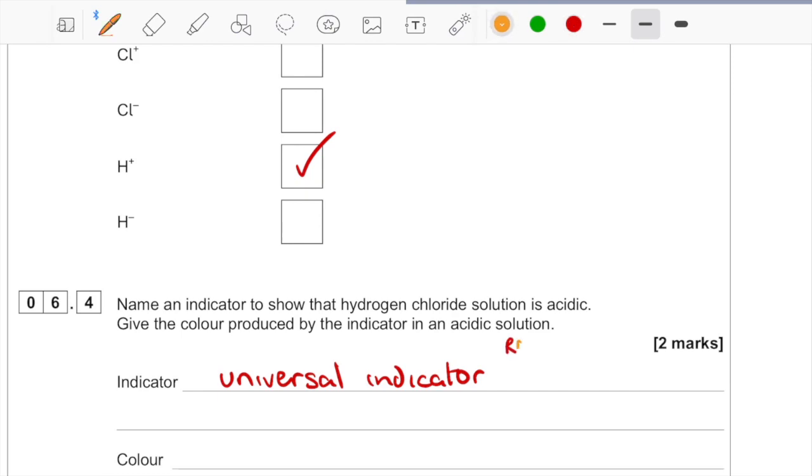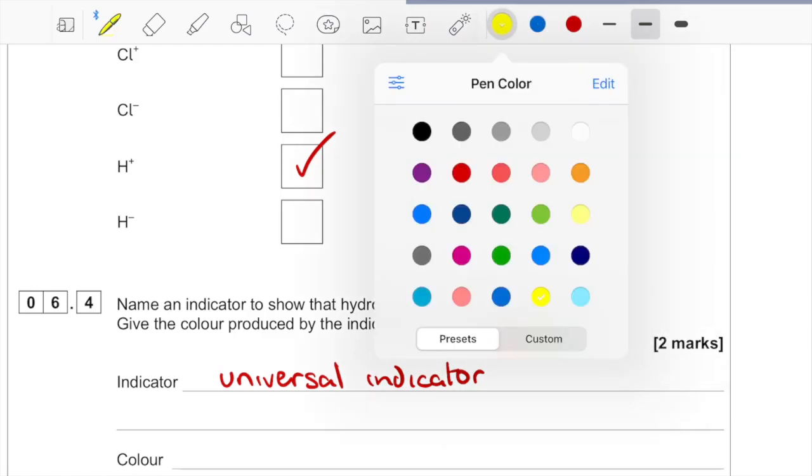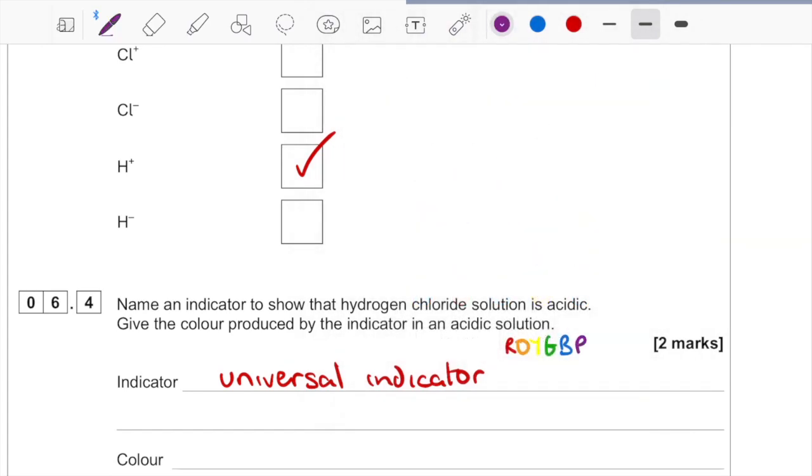Red, orange, yellow, green, blue, and then purple. You should know that green is the colour when it's neutral. So to say what colour it would be in an acidic solution, we can say any of the ones to the left: red, orange, or yellow. So I'm going to say red.